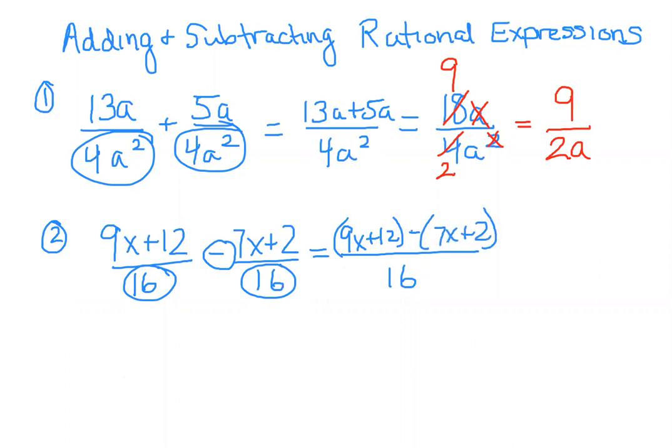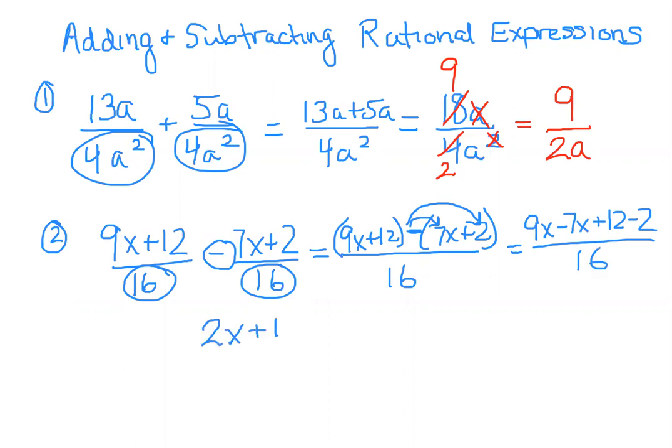It is minus this whole thing. So this subtraction sign has to go to the 7x and to the 2. So this becomes 9x minus 7x and 12 minus 2, or 2x plus 10 over 16.